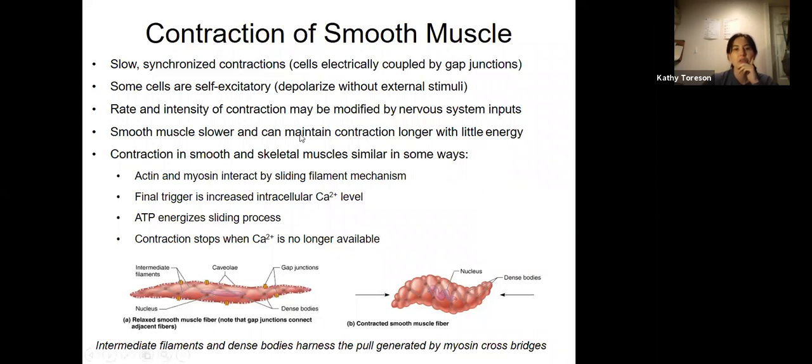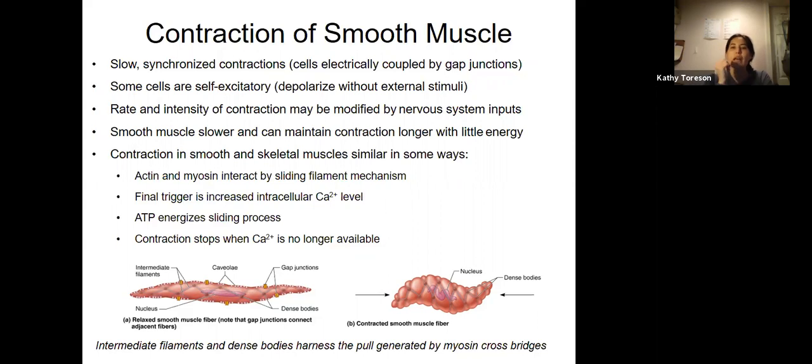A couple important differences when we're looking at smooth muscle contraction is the fact that the cells are actually coupled together with gap junctions. And gap junctions are a type of intercellular junction, so a junction between two neighboring cells. And we looked at this in topic 1, I think.